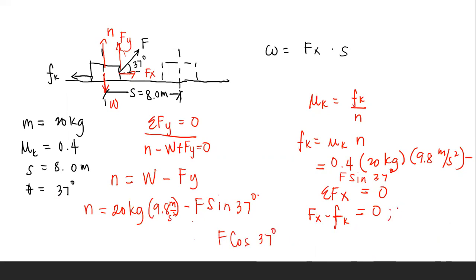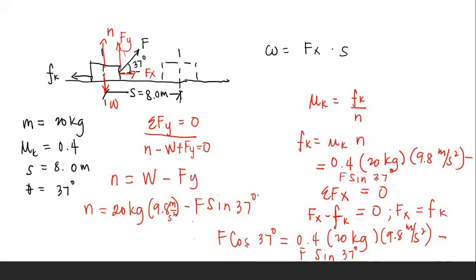This one is Fx equal to Fk, but your Fk is equal to mu k times the normal, which is 0.4 times 20 kilogram times 9.8 meter per second squared minus F sine 37 degrees.